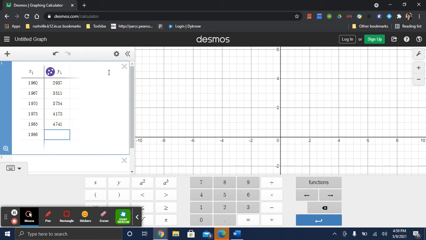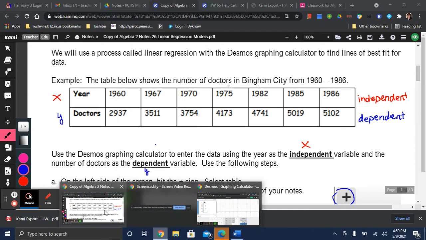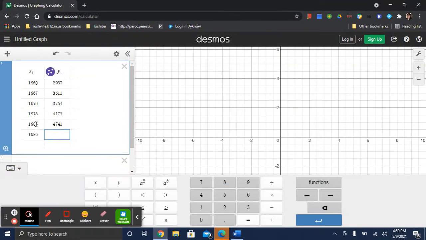and I think I've got one more piece of data to type in. 5019 and 5102. Looks like maybe I skipped an X. All right, so that one goes with 1986.